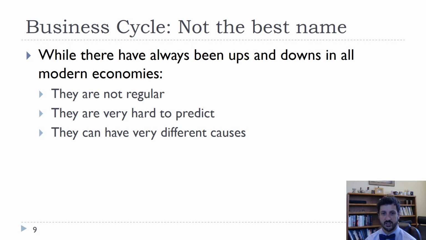Some recessions are driven by changes in wealth. Some are driven by financial crises. Some are driven by oil price shocks. And so it's not something that we can predict really well. That said, every expansion we've had so far has been followed by a recession, and every recession that we've had has been followed by an expansion.